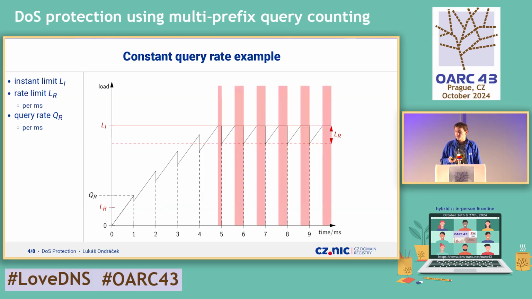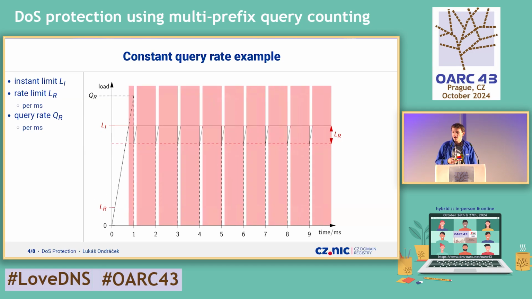When we have a query rate which is above the rate limit, it will eventually get restricted, and as we count only the unrestricted queries, it will each millisecond drop by the rate limit and allow some queries to be answered. And if it's above the instant limit, even during the first millisecond, that is limited instantly.